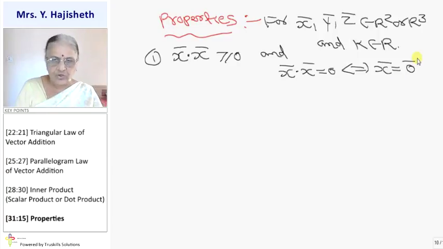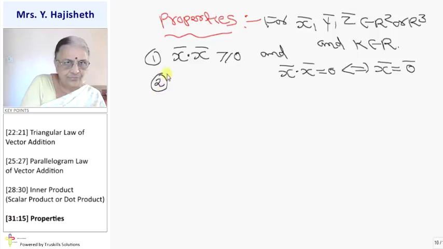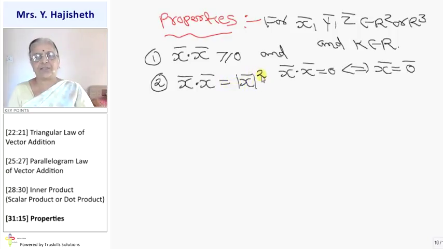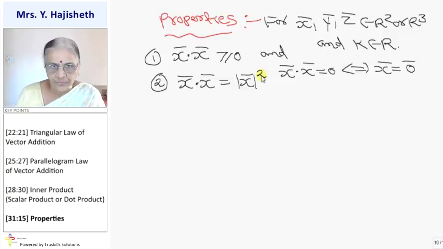Otherwise it won't be 0, because a sum of squares cannot be 0. It is always positive, and it is 0 only if each entry is 0. X dot x can also be defined as mod x square. You know x dot x is x1 square plus x2 square plus x3 square, and mod x is under root of x1 square plus x2 square plus x3 square. So what is the relation between dot product and mod?